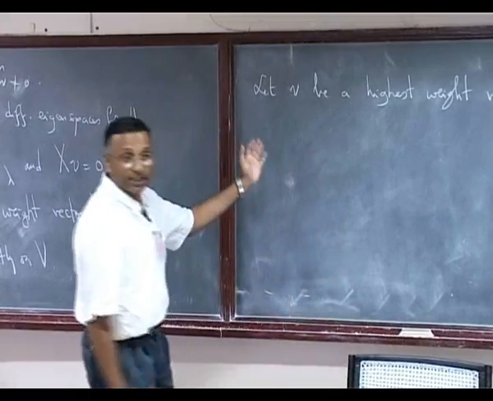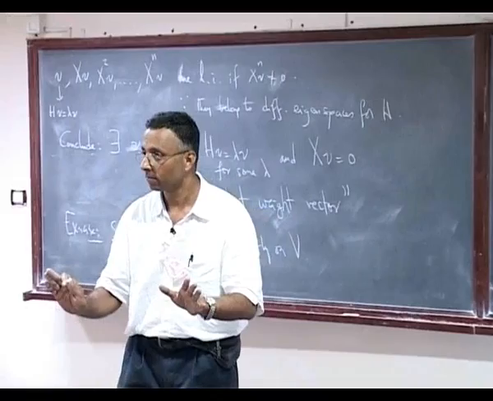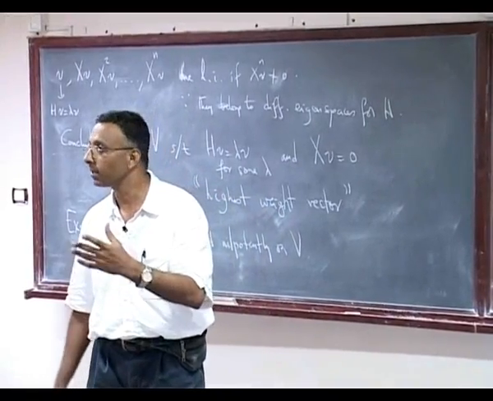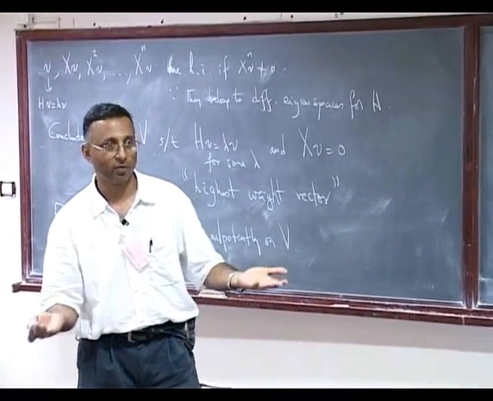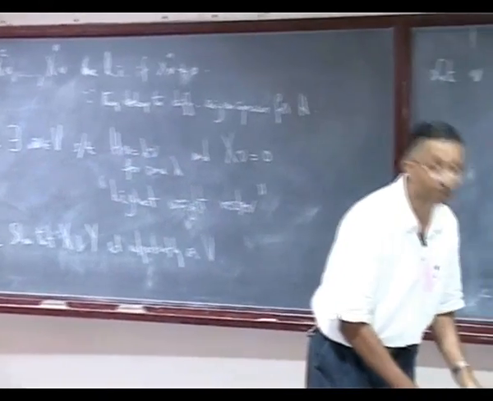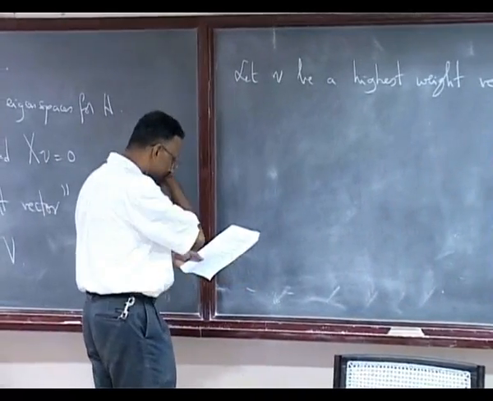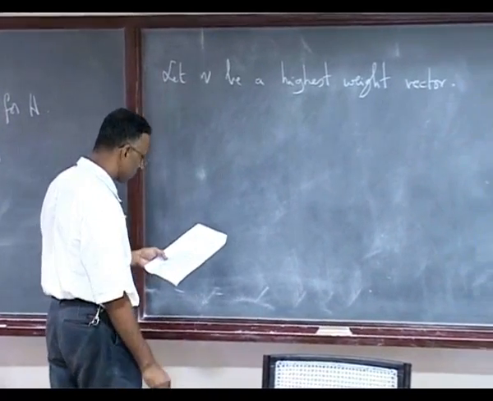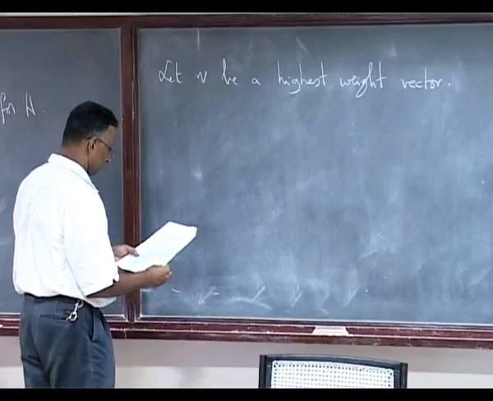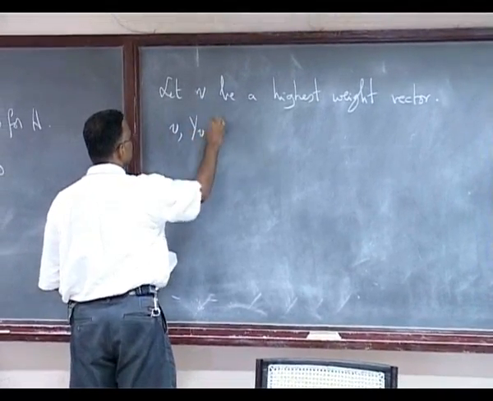Okay, so let V be a highest weight vector. We are assured now that this exists. Now let's start analyzing a bit more, and we will get there very soon. We are almost finished. Like I said, it's a very happy situation. Let's write V, YV, and so on.